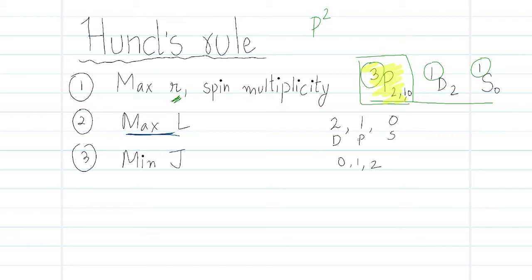So D has a value of 2, P has a value of 1, and S has a value of 0. Among these, which one is maximum? D. Let me just highlight it. This is the maximum value, and what this means is it will not take over the value of S. This is second.